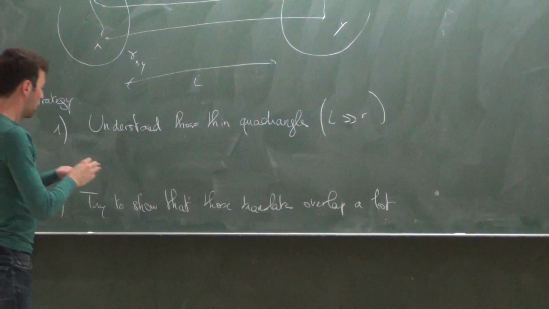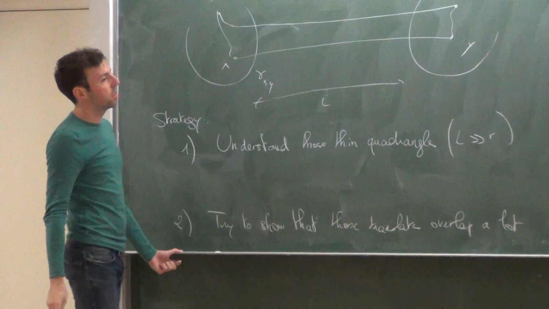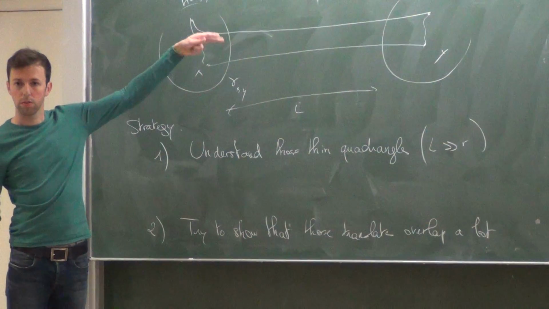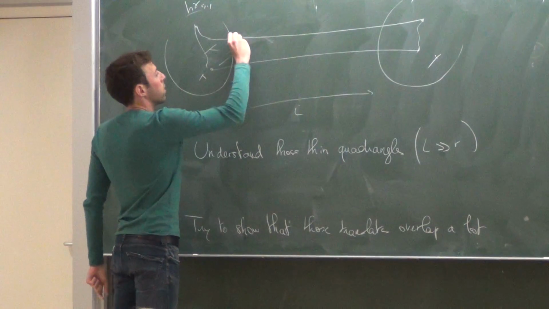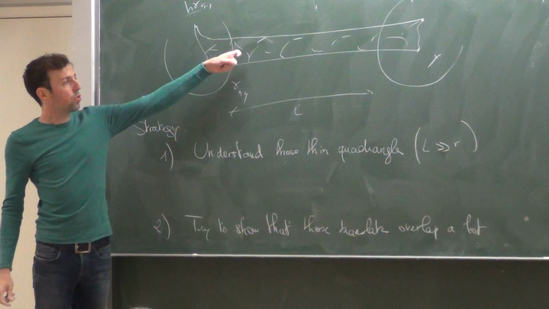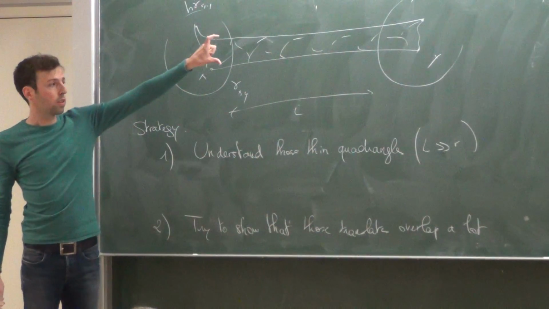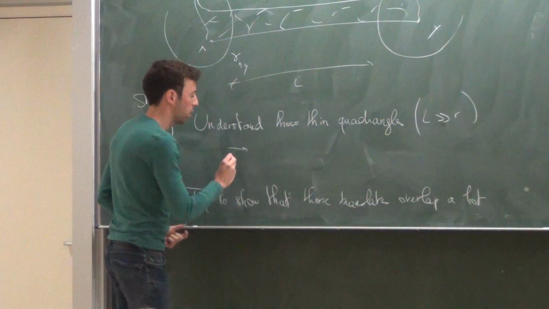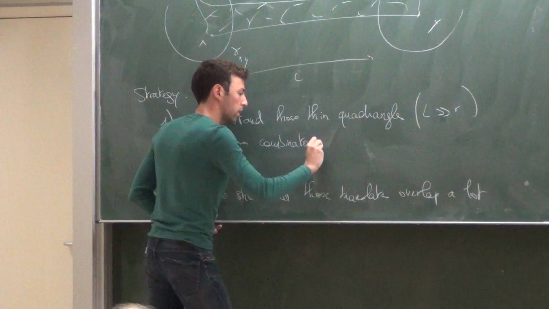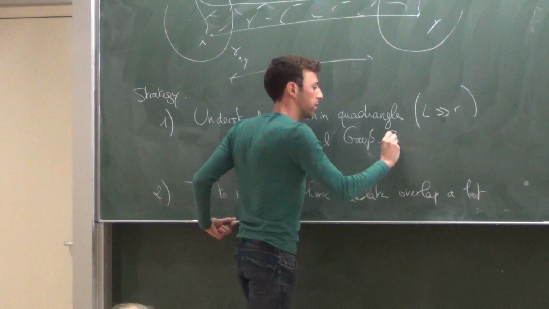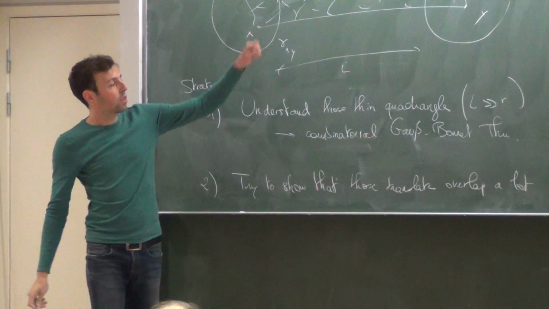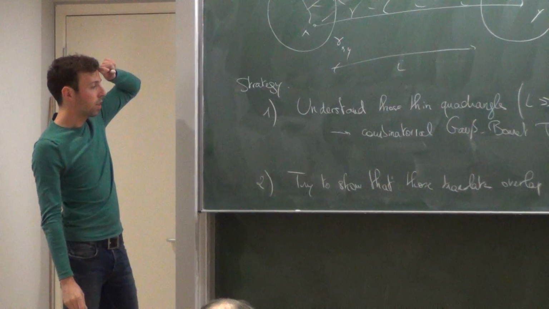So how do we do that? Since we're in simply connected spaces, we're going to fill those loops by a disk diagram. And what we're going to try to do is understand the shape of those disk diagrams. How do you do that? There's a very useful tool, which is the combinatorial Gauss-Bonnet theorem, which allows you to really understand the shape of those filling disks.